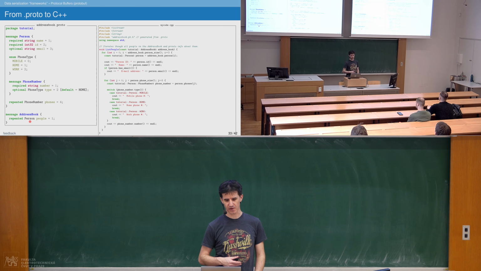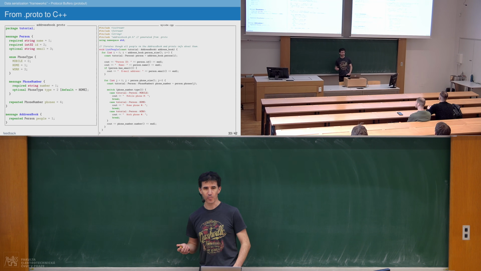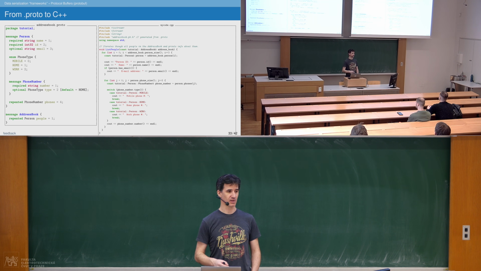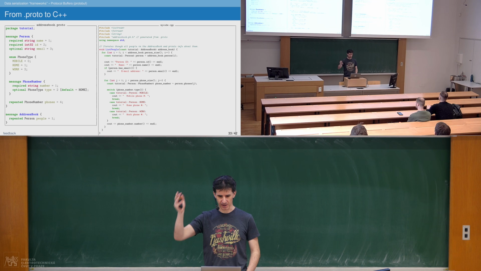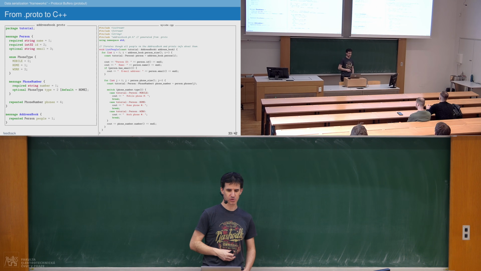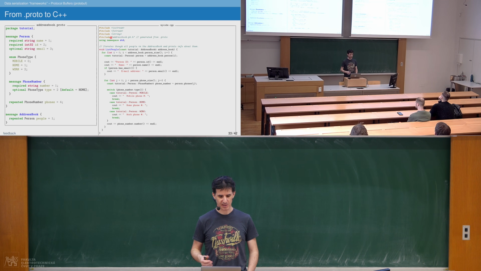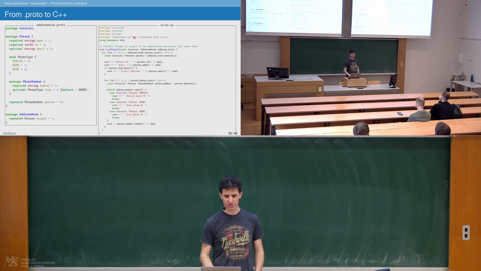So basically, it's an array of persons. Then you invoke the so-called protocol buffer compiler. This protocol buffer compiler then generates C or Java or Python, whatever language you want, source code. And in case of C++, you can include this automatically generated source code in your program.